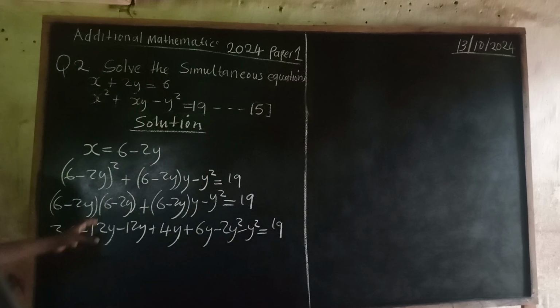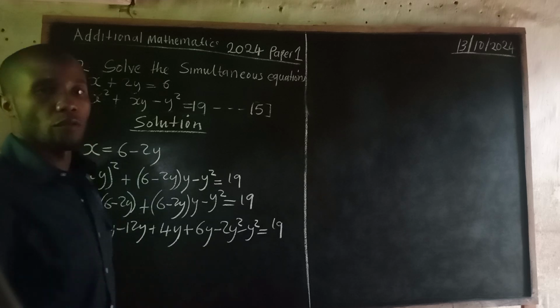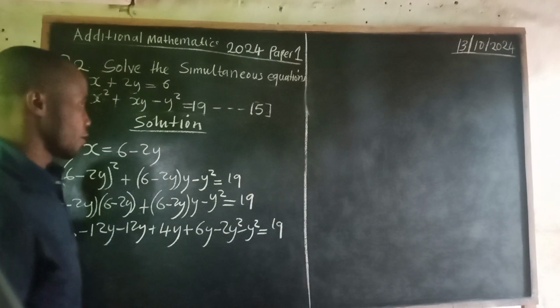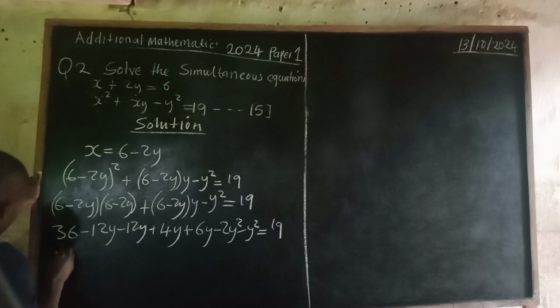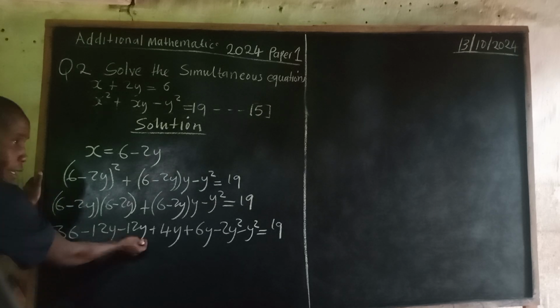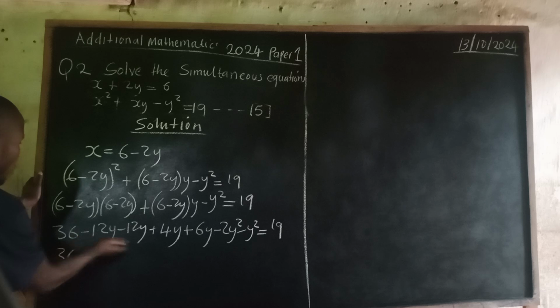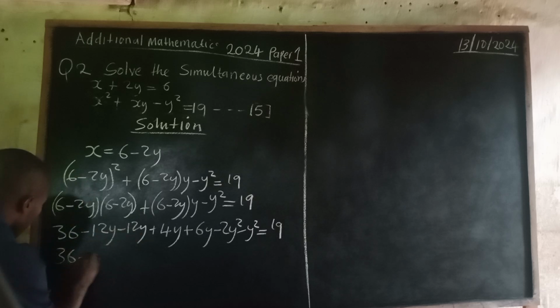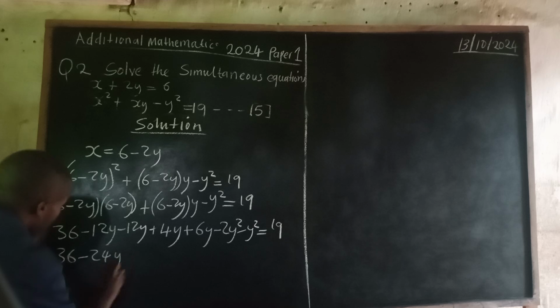Now for us to simplify this, we have to observe the like terms. Here we have 36. Then negative 12y minus 12y, the answer is negative 24y.